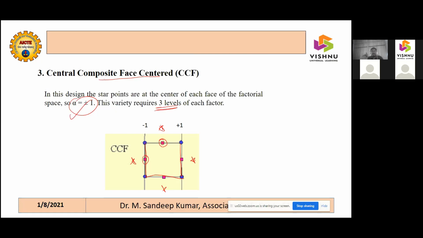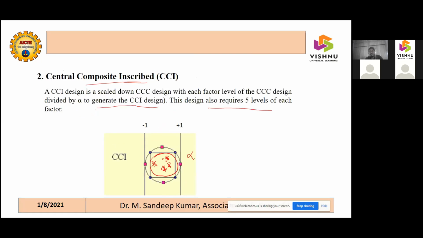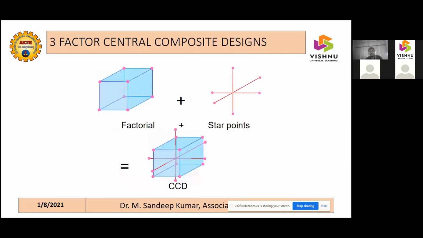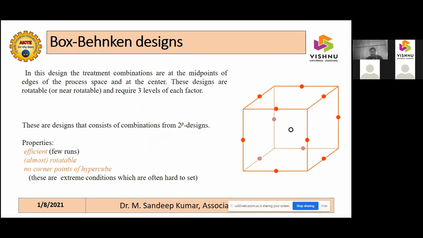In the before 2, where circumscribed and inscribed are there, we need 5 levels, but generally for face-centered it is 3 levels. So how have we placed this? The same thing in 3D. Factorials are the edges or corners of the cube. Then these are the stars, the axial stars, and when we add them up, it becomes CCD.